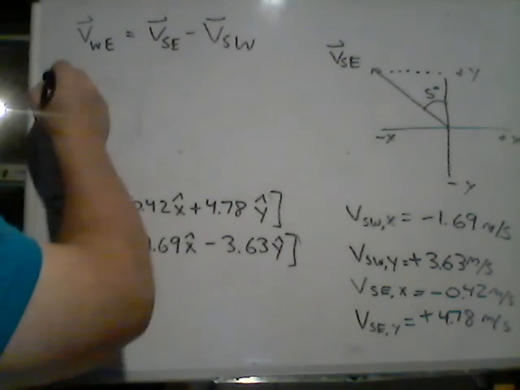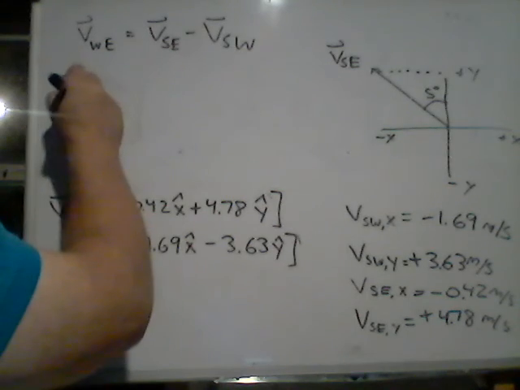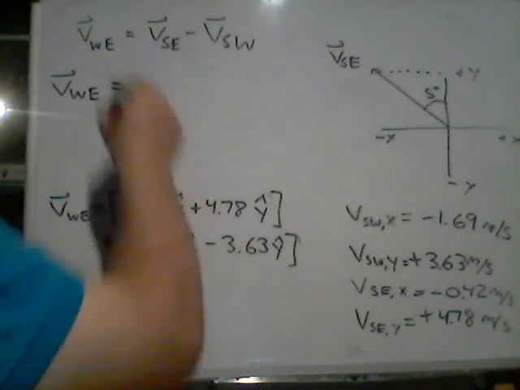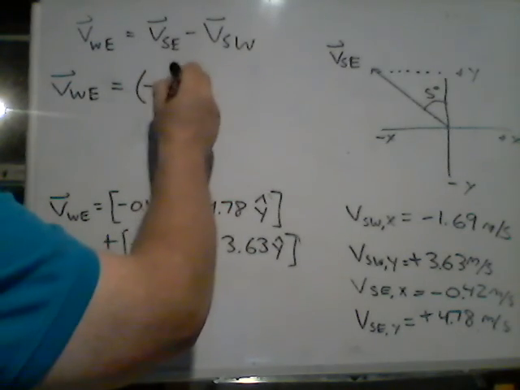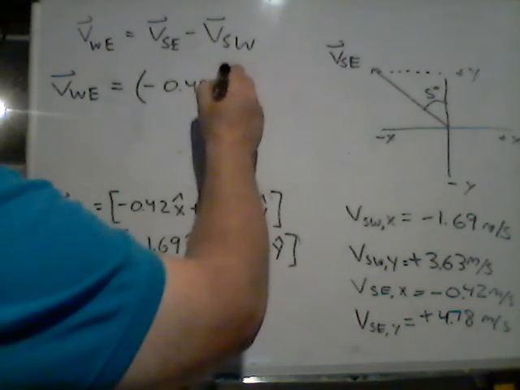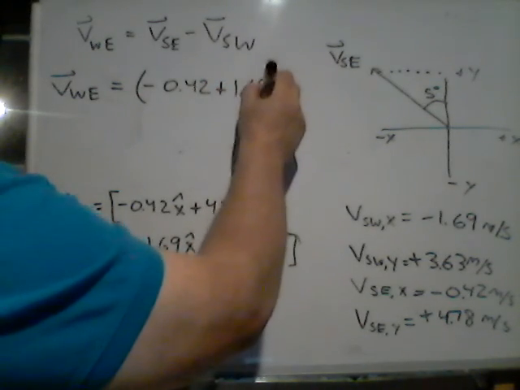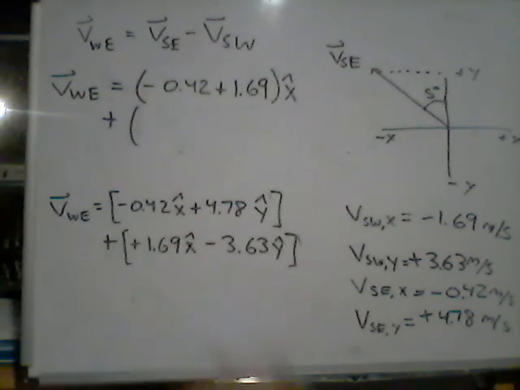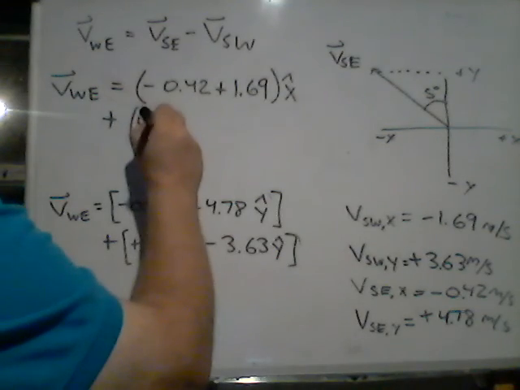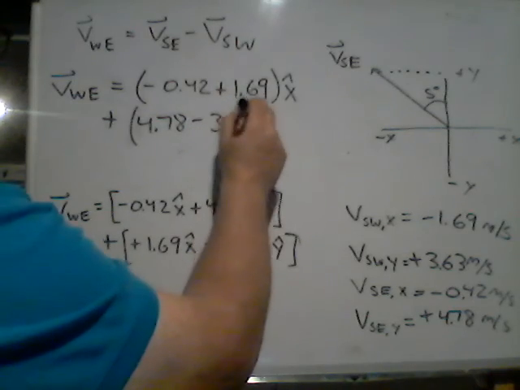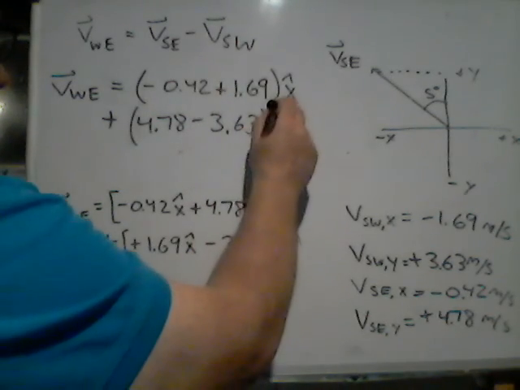So I'll combine my X hats. So I have V sub WE. Okay, so it's going to be negative 0.42 plus 1.69 X hat plus, what do we have? 4.78 minus 3.63 Y hat.